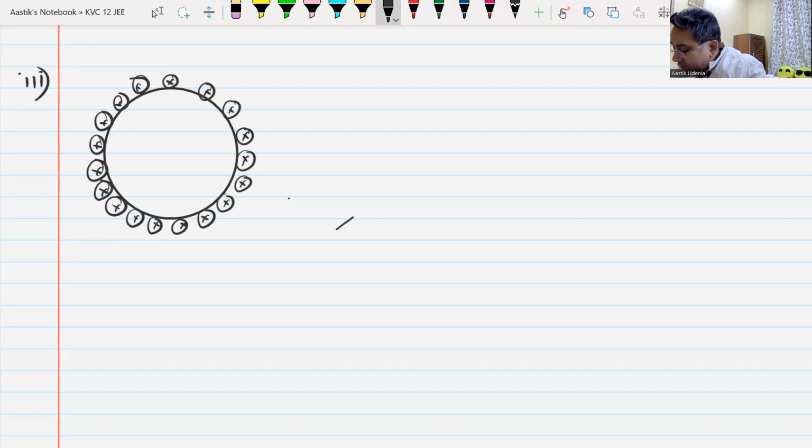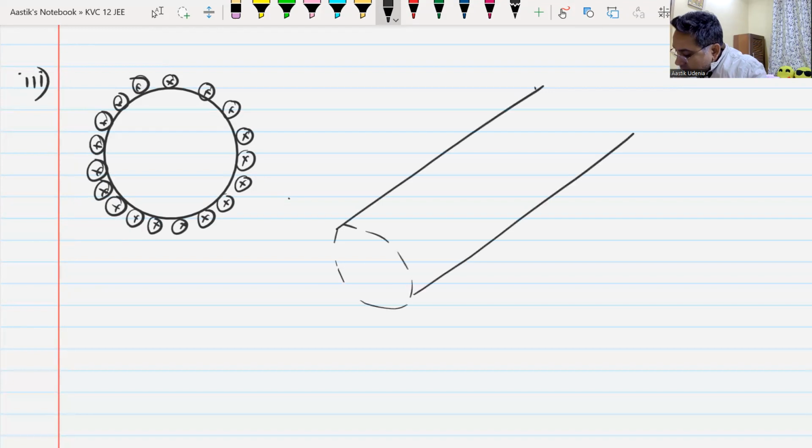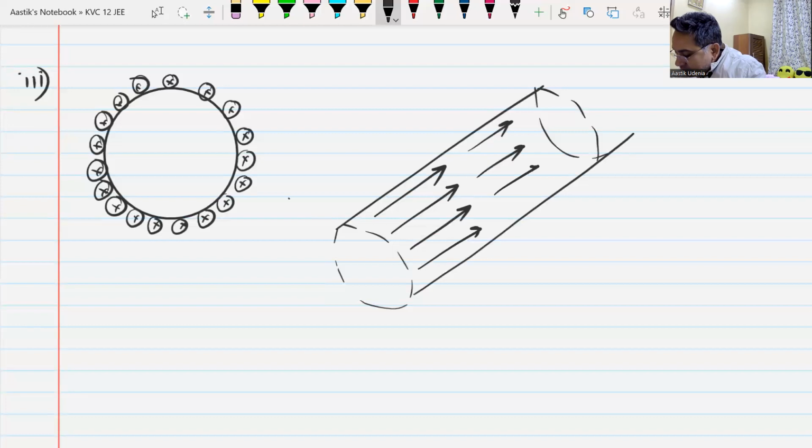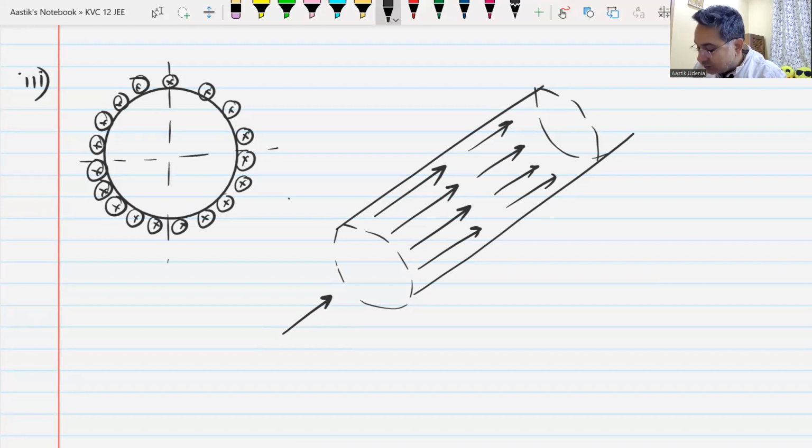If I draw the diagram, the cylinder will look like this, and the current will be moving like this. What I have drawn is the side view, the view looking from here. It will look like this, yes or no?